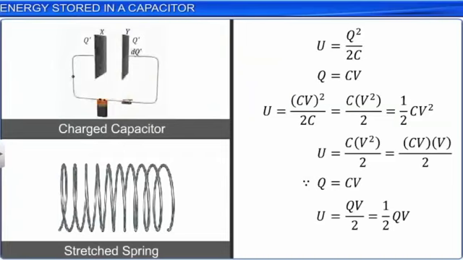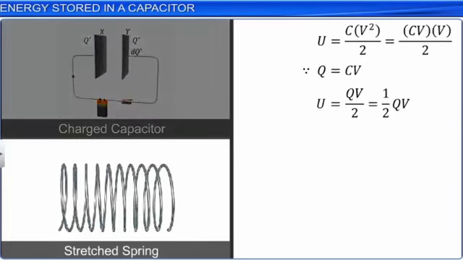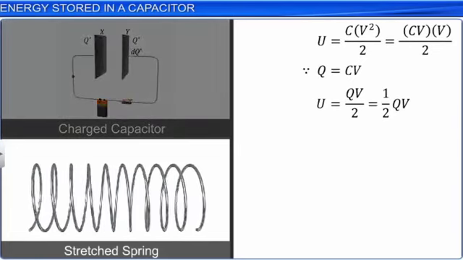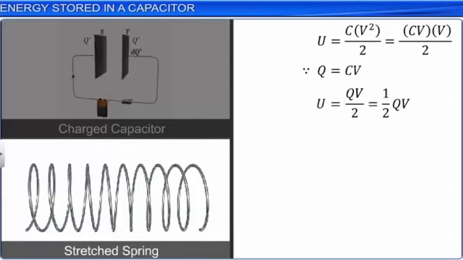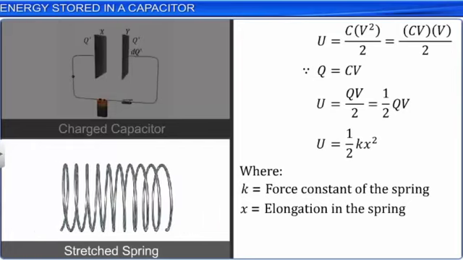A charged capacitor is analogous to a stretched spring. When the spring is stretched, it stores elastic potential energy, U, equal to half kx squared, where k is the force constant of the spring and x is the elongation in the spring. When released, the spring loses the stored elastic potential energy.